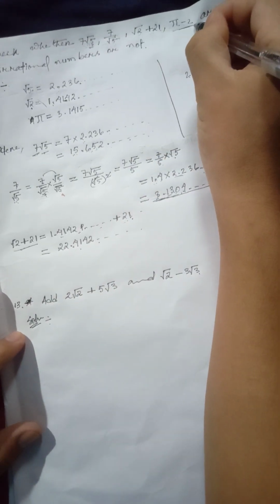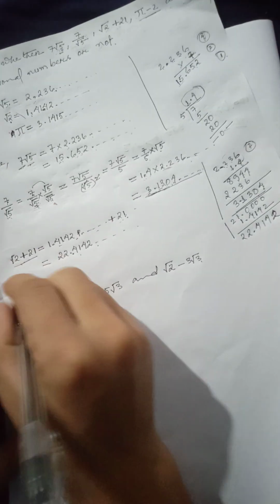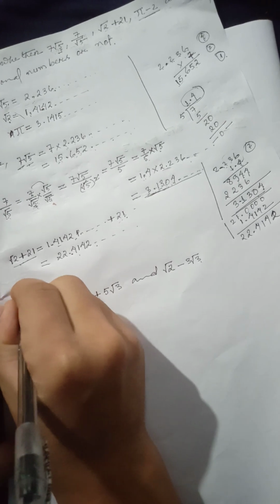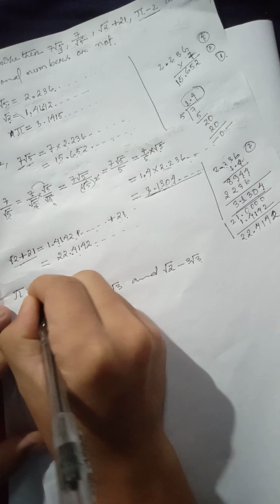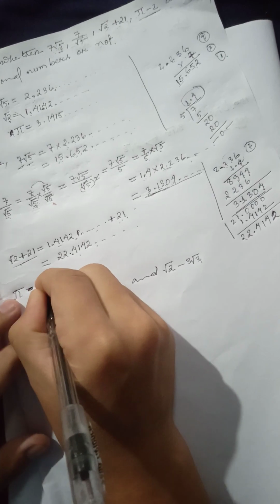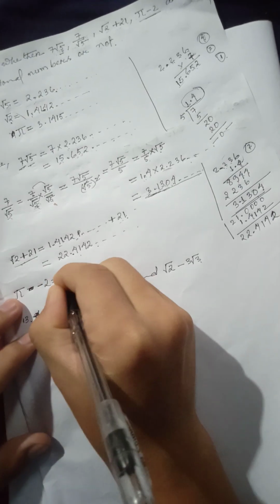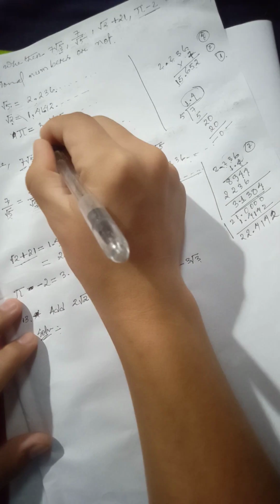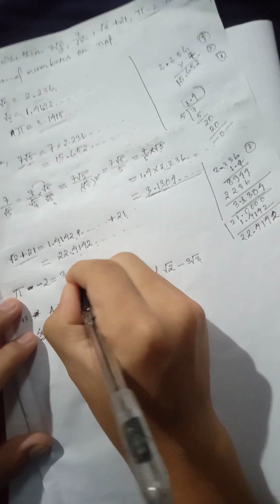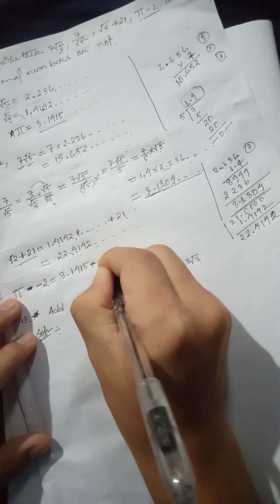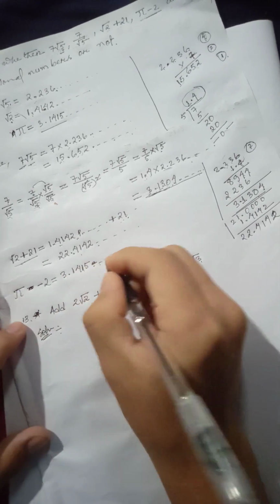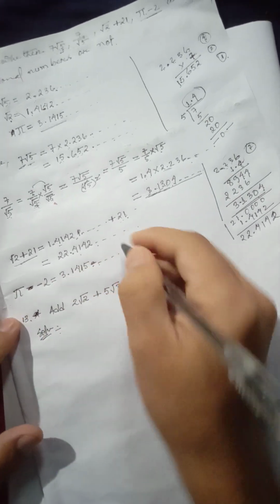Then what is the next? That is pi minus 2. Here we are going to check pi minus 2. What is the value of pi? We have to know that first. The pi value is 3.1415, and the value of pi will go on like this.